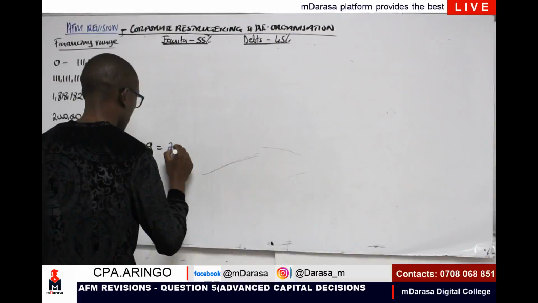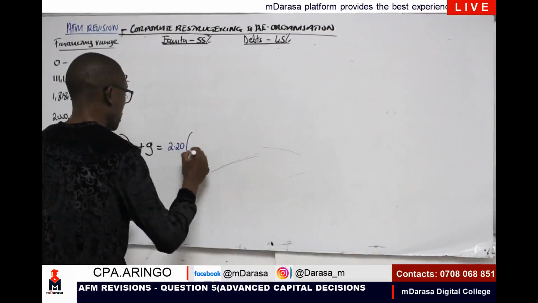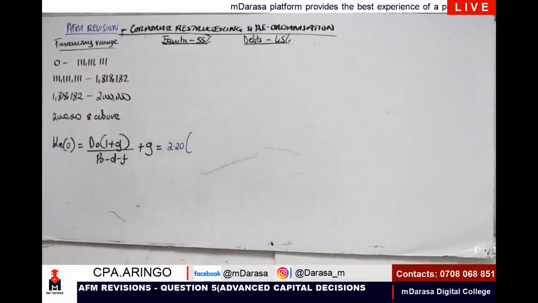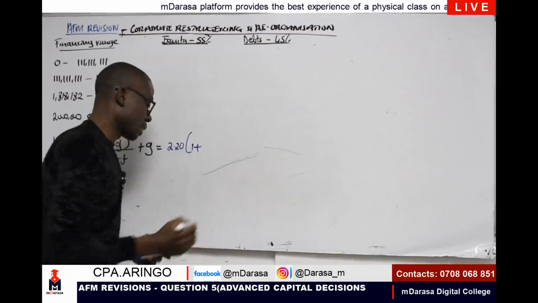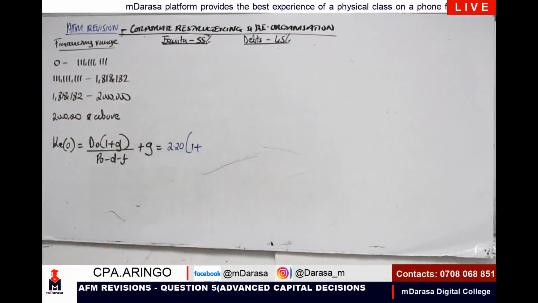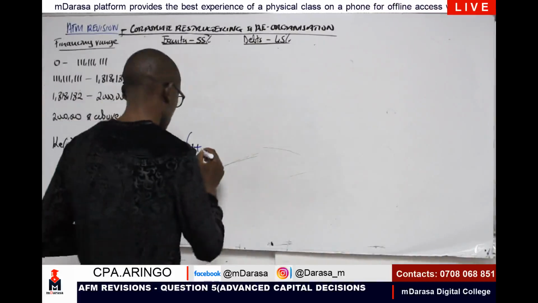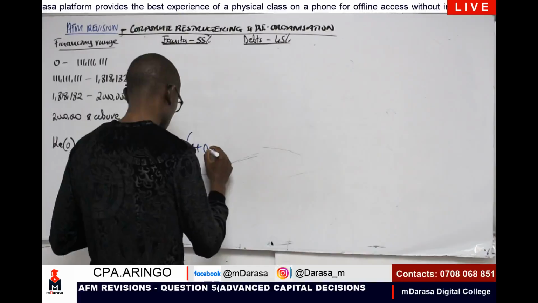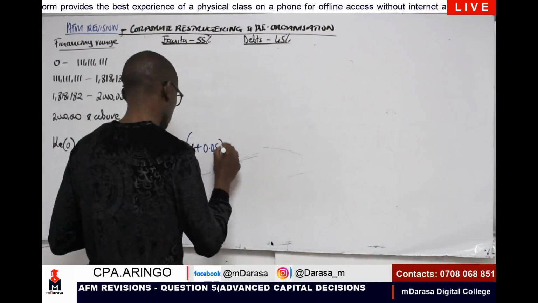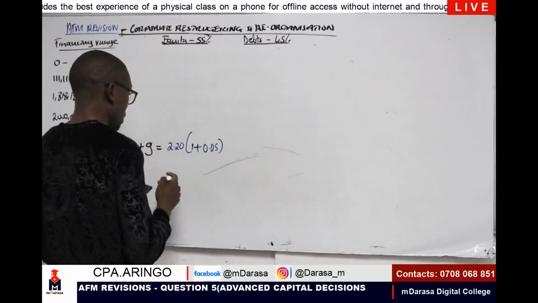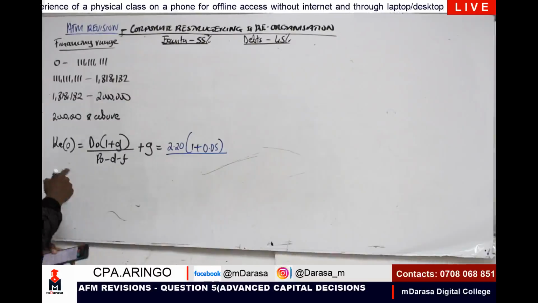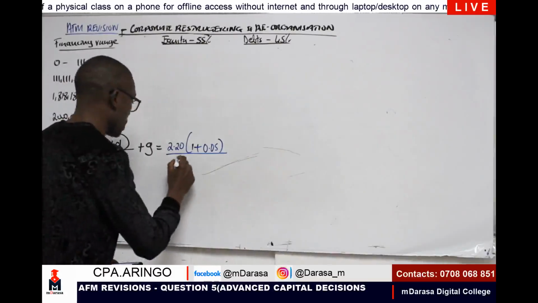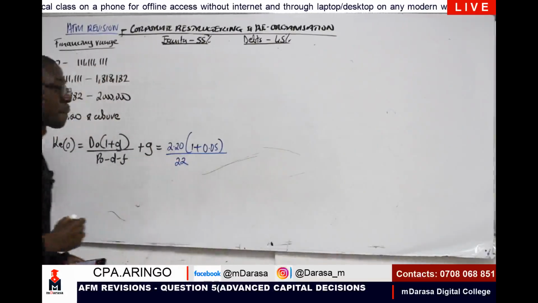So that is our D0, times 1 plus growth rate. We are told the expected growth rate is 5%, 0.05. We are going to divide all this by our P0, our market value, 22.